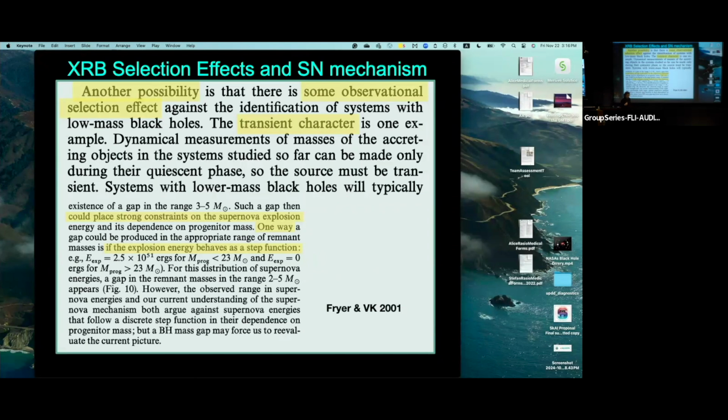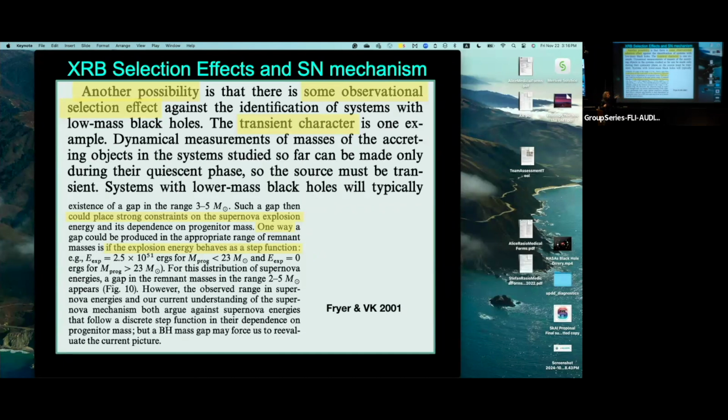So basically, we looked at what would create a gap in the birth masses of black holes. And we concluded at the time, the only thing we could find in the analysis we were doing is if the explosion energy of the supernova, of the collapsing core, behaves as a step function as a function of the progenitor mass.